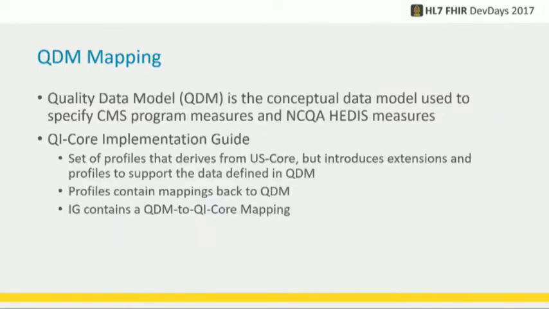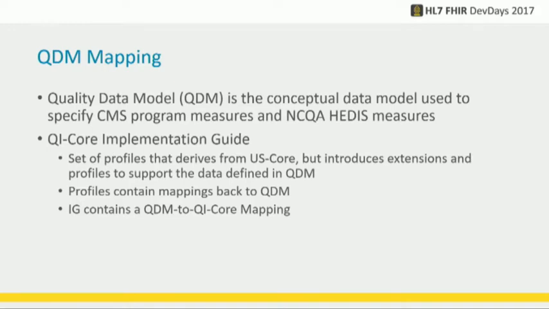So another thing that we're looking at is QDM mapping. Quality Data Model is the conceptual clinical data model that's used to express eCQM program measures. All of those, like HEDIS measures and CMS program measures, are expressed in terms of the Quality Data Model. So we built a QI-Core implementation guide, if you've been following that.